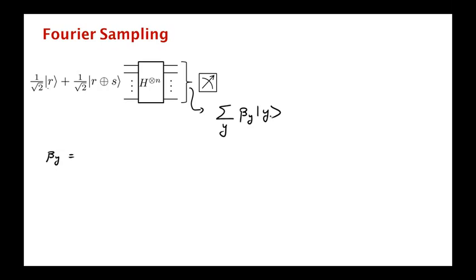Remember, you go from r to y with amplitude -1 to the r dot y over 2 to the n over 2. But you already started with amplitude 1 over square root 2, so it's 1 over square root 2 times 2 to the n over 2, which is 2 to the n plus 1 over 2.